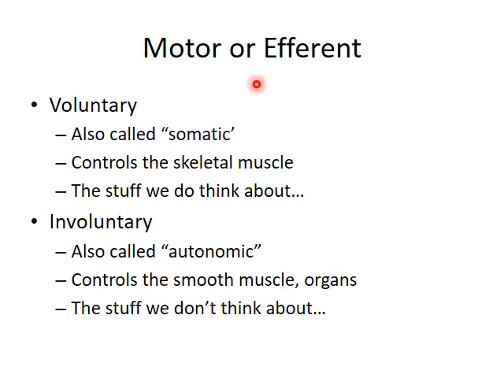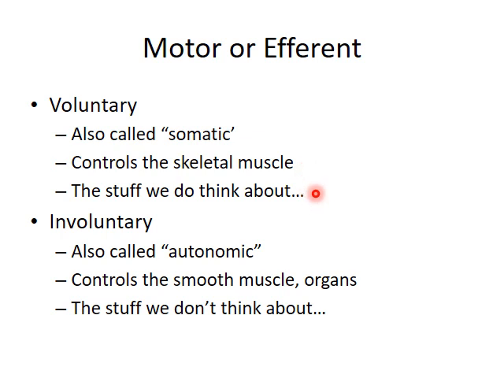So, coming out of the central nervous system back into the peripheral nervous system, we have the motor or efferent. So, A comes before E, E is going out. We have the voluntary, sometimes called the somatic. It controls the skeletal muscle. So, this is the stuff we think about.